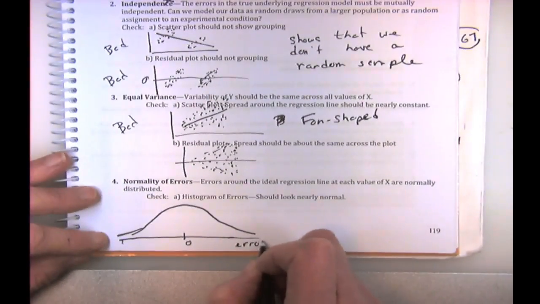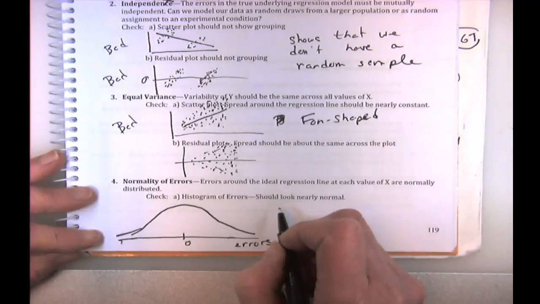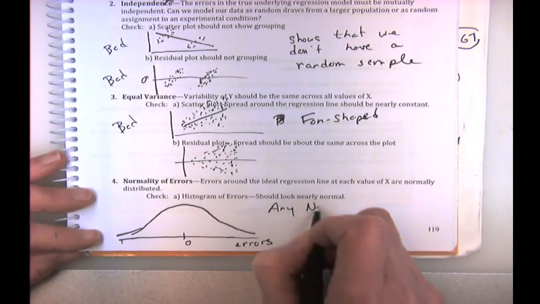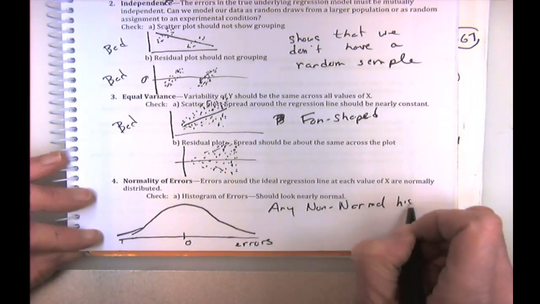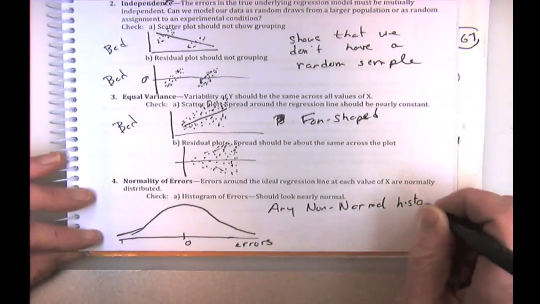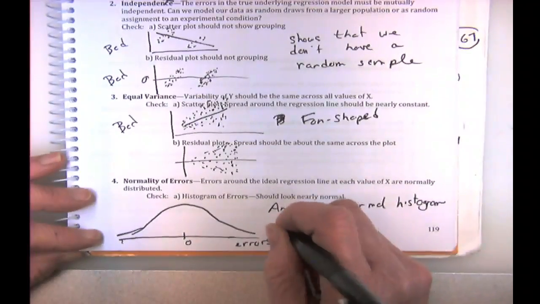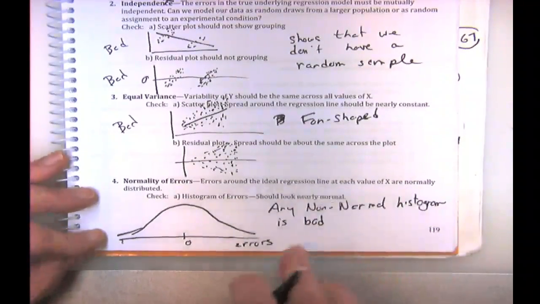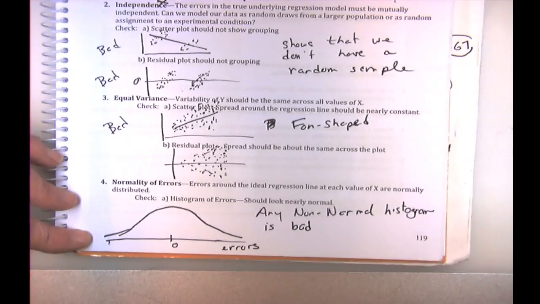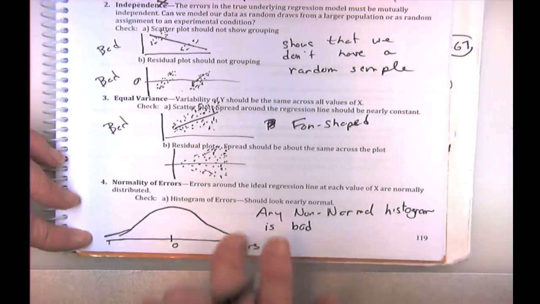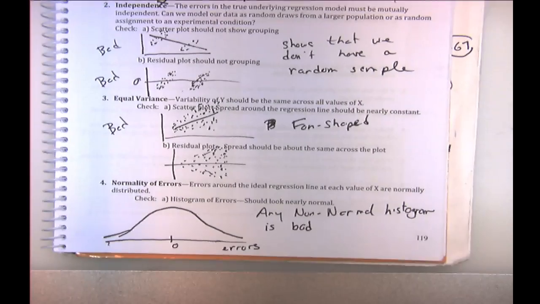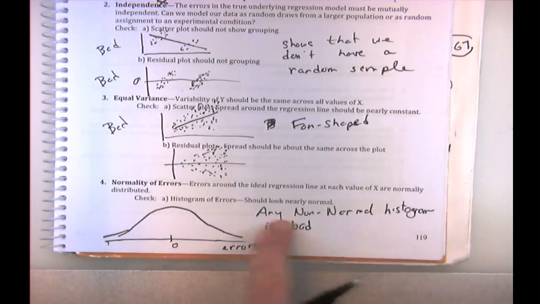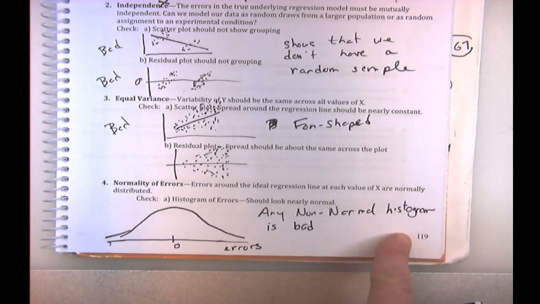Any obviously non-normal histogram is bad, because our confidence intervals and our tests all depend on the errors being normally distributed or t-distributed.